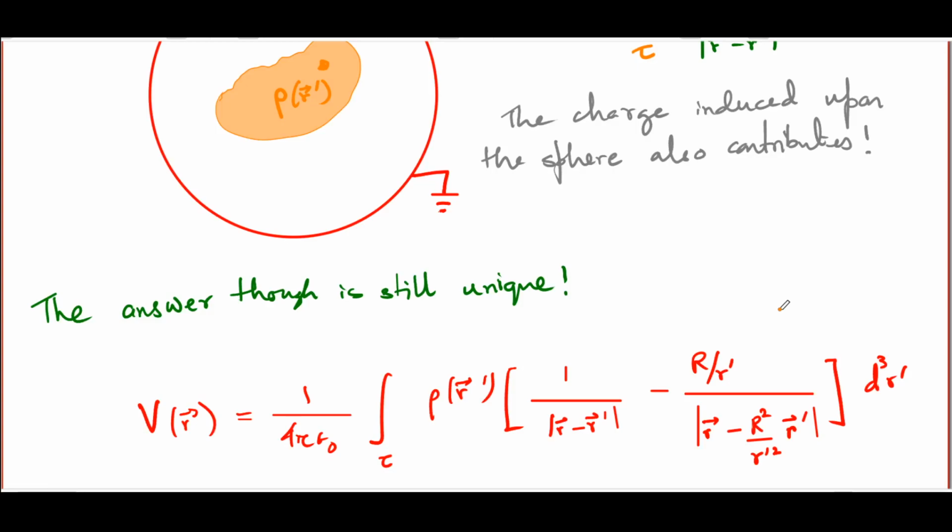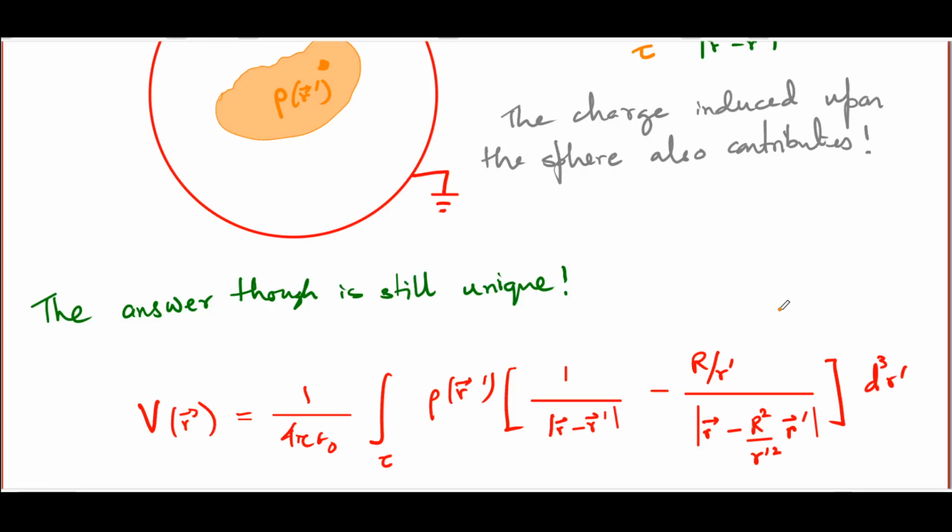Here capital R is the radius of the sphere, and we have assumed that the origin in this case has been placed at the center of the sphere. So the small r prime that you're dividing by in the numerator of the second term, or the small r prime square in the denominator of the second term, are actually distances of the source point from the center of the sphere, not from any arbitrary origin.